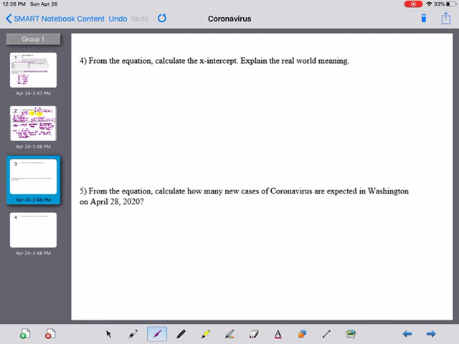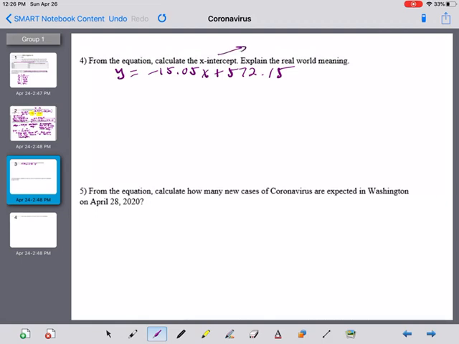Okay, so now from the equation, let's calculate the x-intercept. So these are similar questions to what you're going to have on your project. You'll just type up all your answers in your project in sentences and type all the math. So we use the equation y equals negative 15.05x plus 572.15.